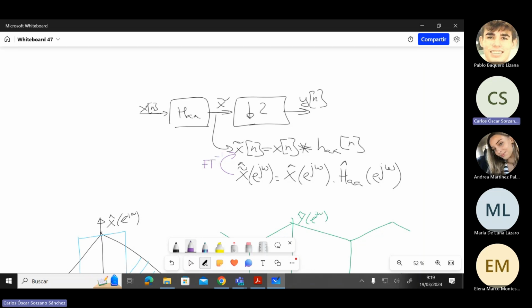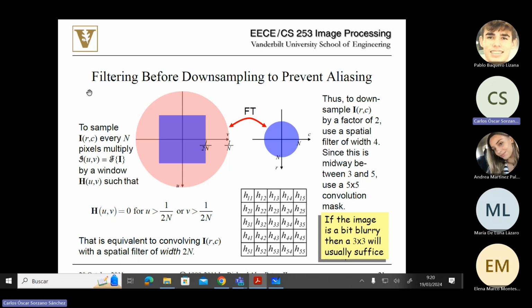So either you do the convolution in real space or in Fourier space, whichever you prefer. Once you have convolved, you do the decimation.